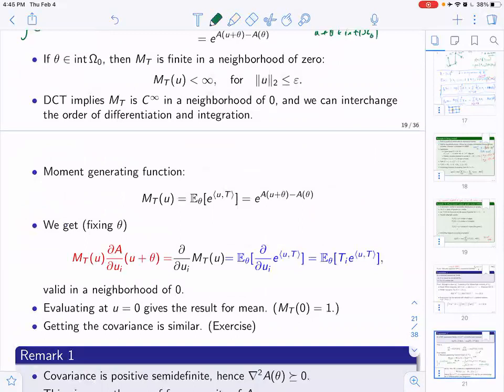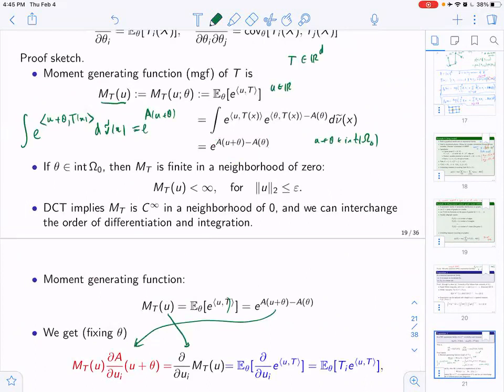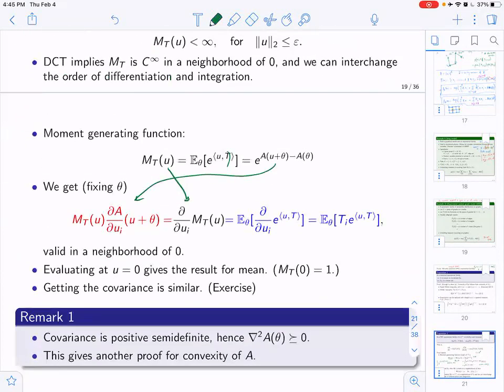So that's the formula. Then you differentiate once on this side and also on this side, and move it inside the expectation. If I take the derivative of this, you can verify that the derivative on this side would be this, and you can write it in terms of the original M_T. I move this inside the expectation, and if you differentiate, you get T_i times that.